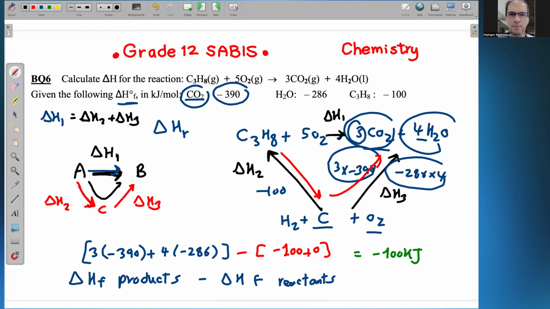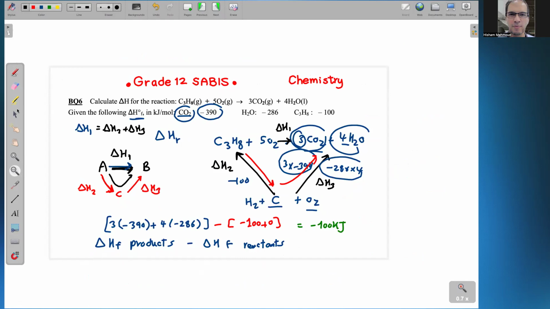What about this one? I didn't need to reverse it, right? So if you want to say delta H1 is equal to delta H2 plus delta H3, yes, I can say delta H1, which is this one, is equal to delta H2, which is this one, but reversed. So it is minus delta H2 plus delta H3.